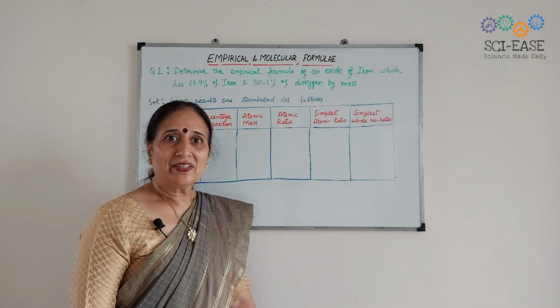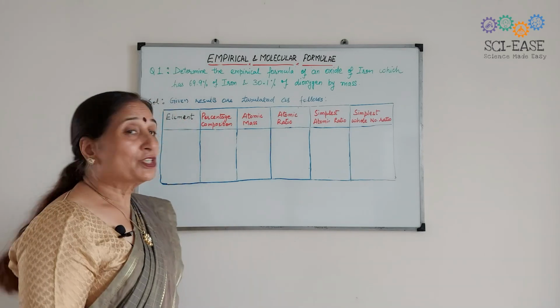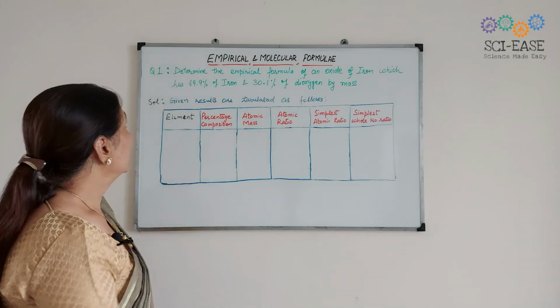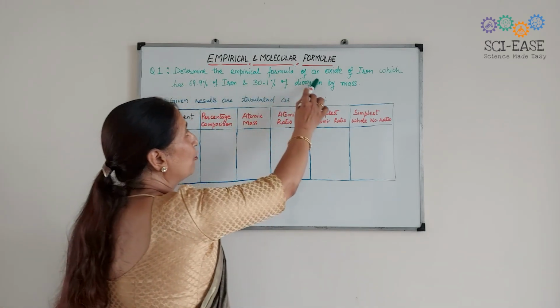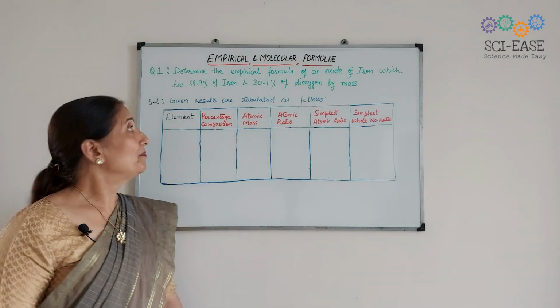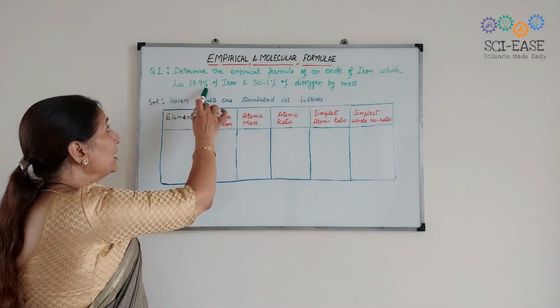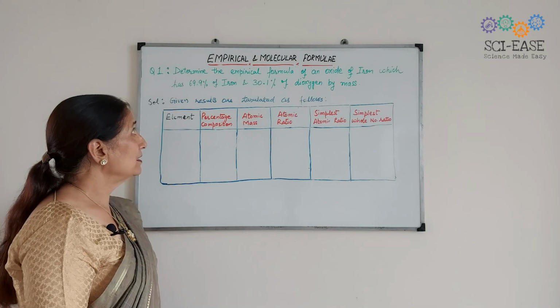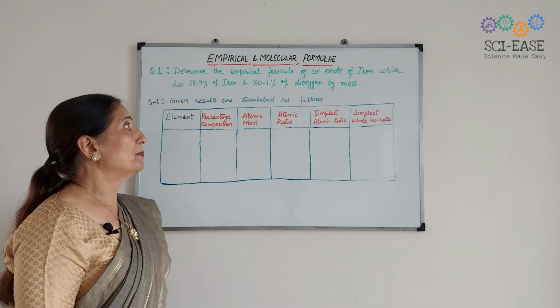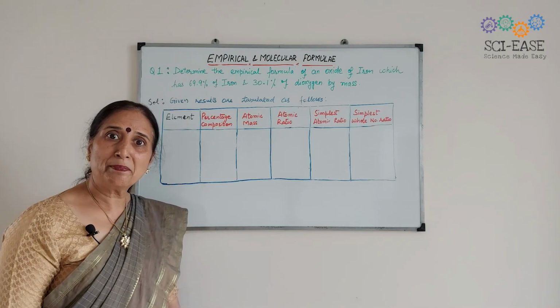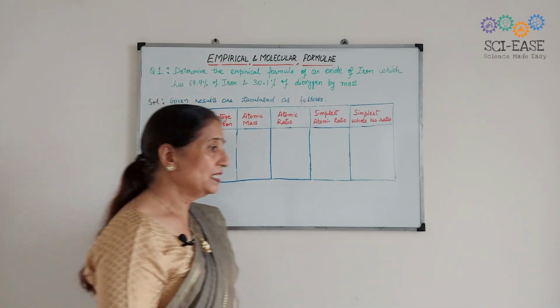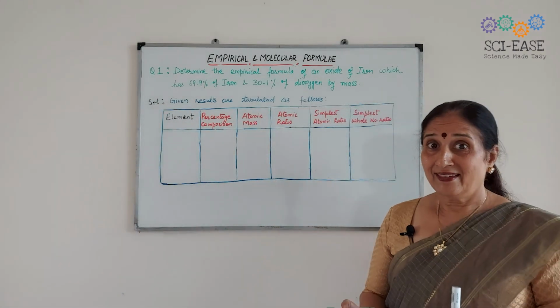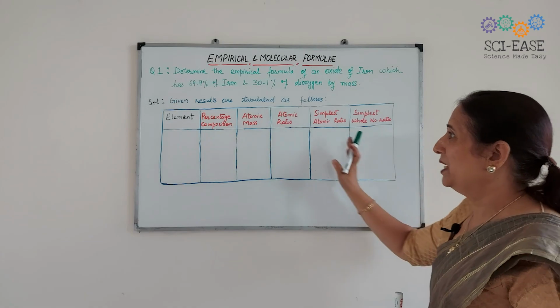Now the first numerical which we are going to solve is: determine the empirical formula of an oxide of iron which has 69.9% of iron and 30.1% of dioxygen by mass. So first thing, you are to draw the table like this.